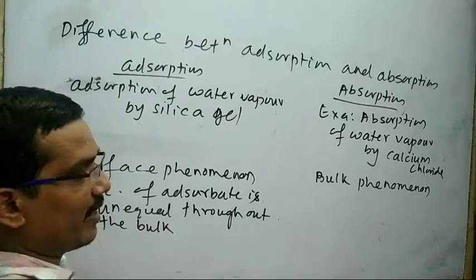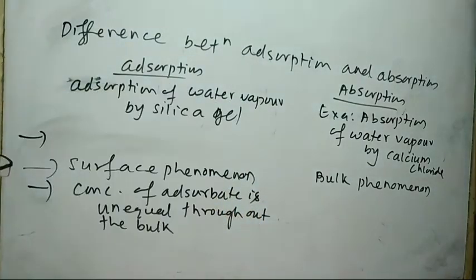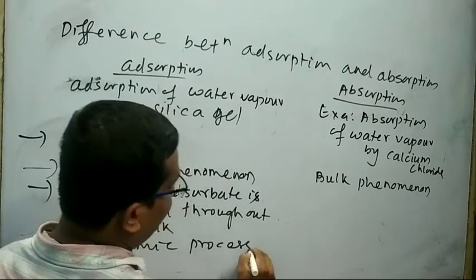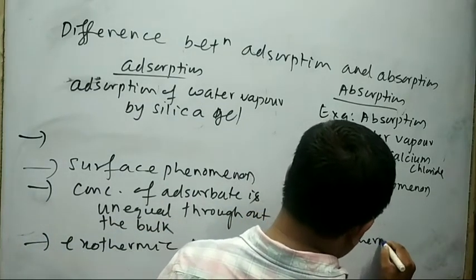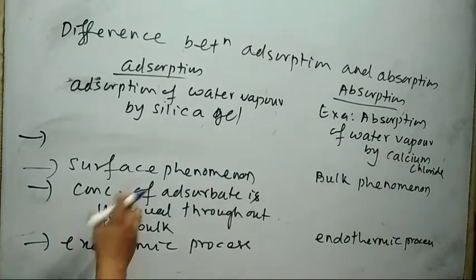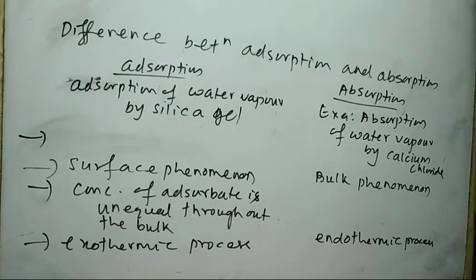On the other hand, in absorption, the rate is the same throughout the process. Adsorption is an exothermic process. On the other hand, absorption is an endothermic process. These are the differences between adsorption and absorption.